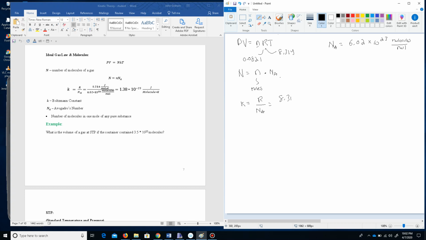So this is 8.314 joules per mole Kelvin divided by 6.02 times 10 to the 23rd molecules per mole, and we get a number of 1.38 times 10 to the negative 23rd joules per molecule Kelvin. This is called the Boltzmann constant, and it will come up a few times.